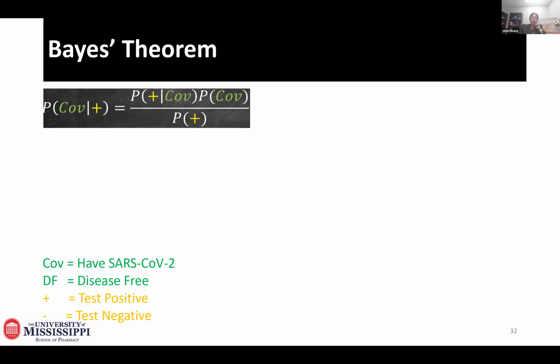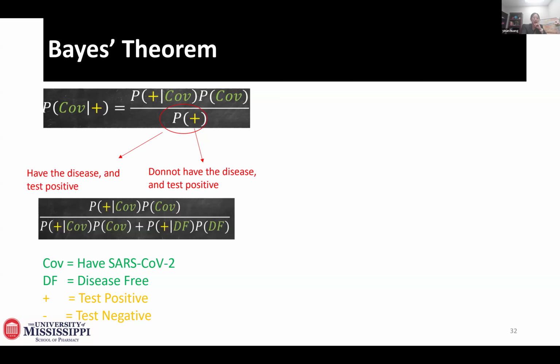I also want to mention that in your denominator, having a positive testing result can be divided into two scenarios. One scenario is having the disease and being tested positive, and the other scenario is not having the disease and also having a positive test result.